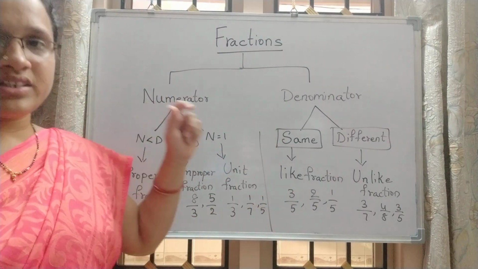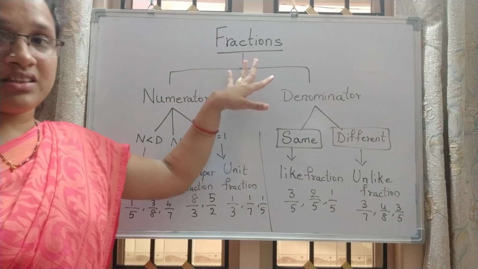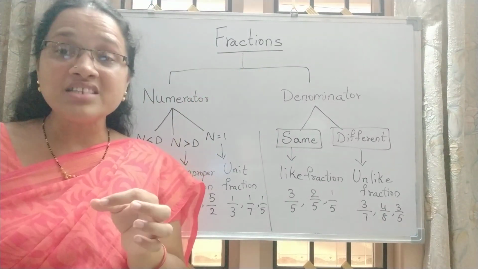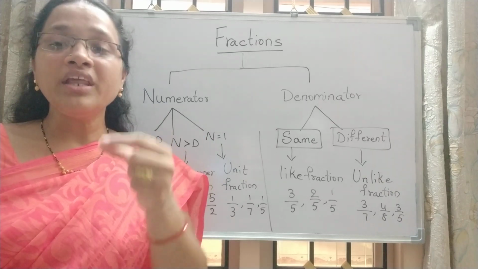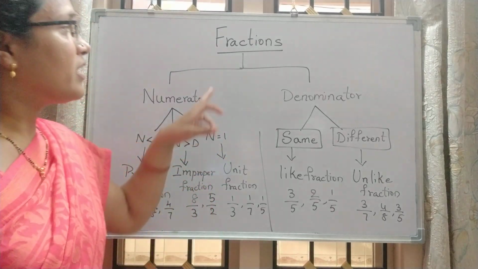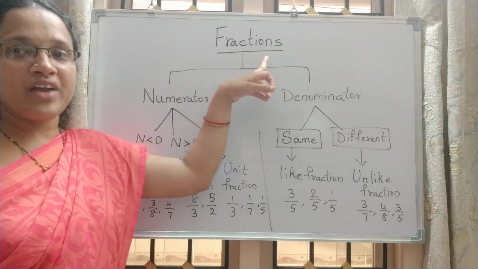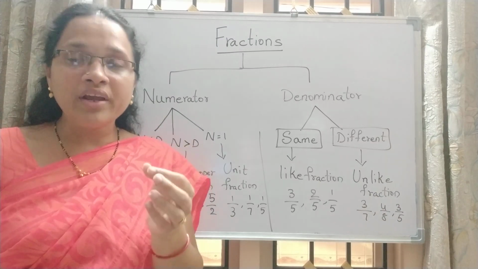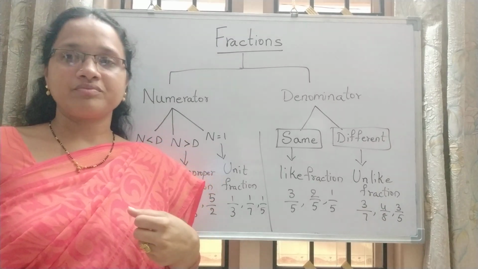Let us once again recap: a fraction is nothing but a part of a whole. Whole means knowing how many equal parts it is divided into. In fractions, the representation is of the form numerator by denominator.